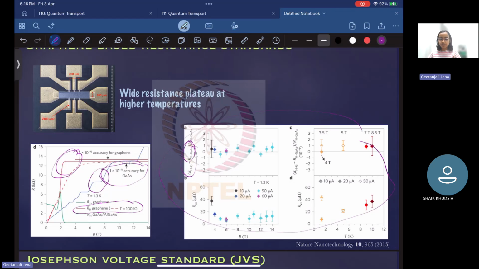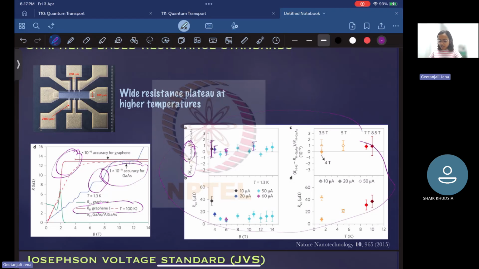Because now we are using graphene, that means the error should be less. The error should be in the order of nanohm or lower than that. Otherwise, we can't use it as a standard. Okay. So if you look at the plots, you can see that the error bars are in the order of, let's say, 1 nanohm. Here it is in the order of 3 nanohm. So this is the same accuracy that we have seen for gallium arsenide.